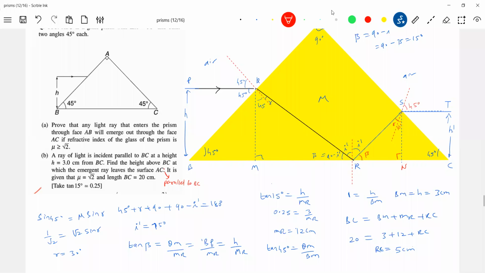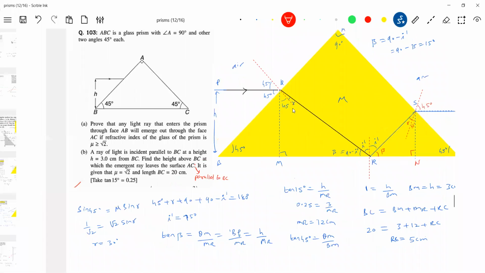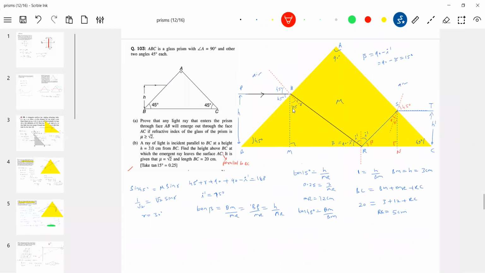I'm taking help of this triangle. So the ratio of BQ by BR should be equal to CS by RC. Can I do this, anybody? Because that's the only alternative I have.